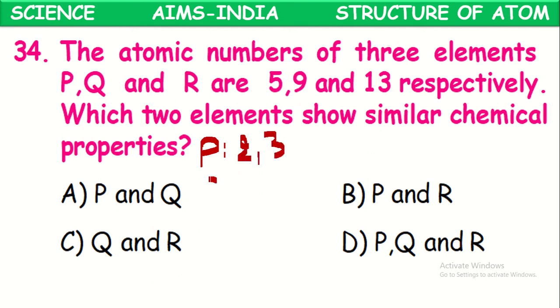And if you see Q, the atomic number is given as 9, so its configuration will be 2, 7. Next, R, the atomic number is given as 13. Its configuration will be 2, 8, 3.